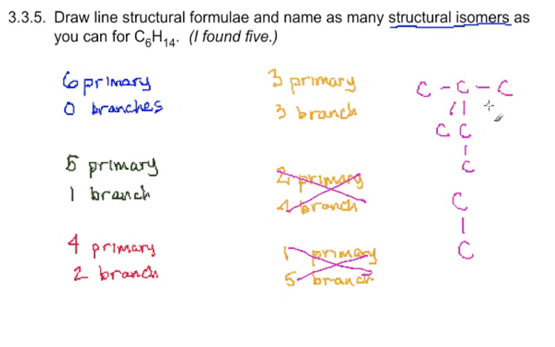I could do this. Do you see the problem with that one? What I'm trying to do here is have a propane as my primary, and then have a methyl group branch and an ethyl group branch. Why does that not work? You have until I change colors to find the answer.